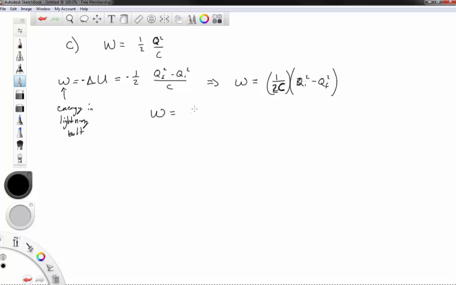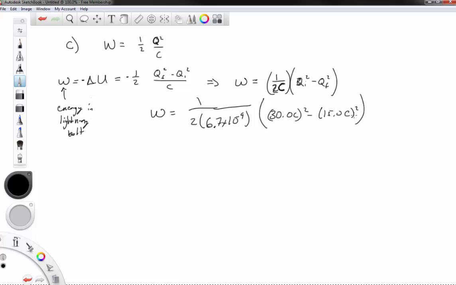And so that means we could put in 1/2 times 6.7 times 10 to the minus 9 times 30.0 coulombs squared minus 15.0 coulombs squared.